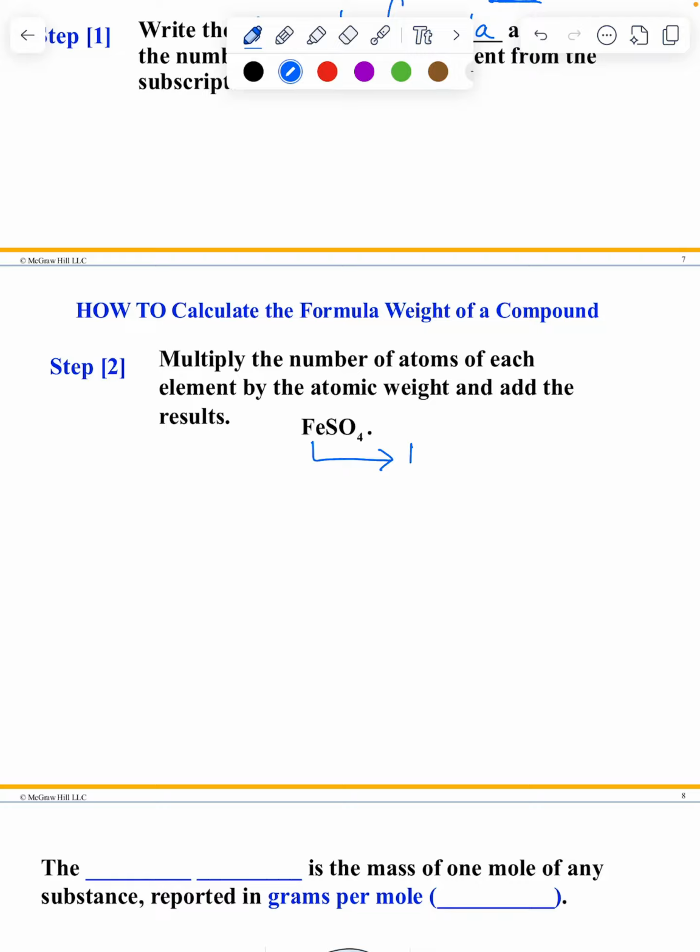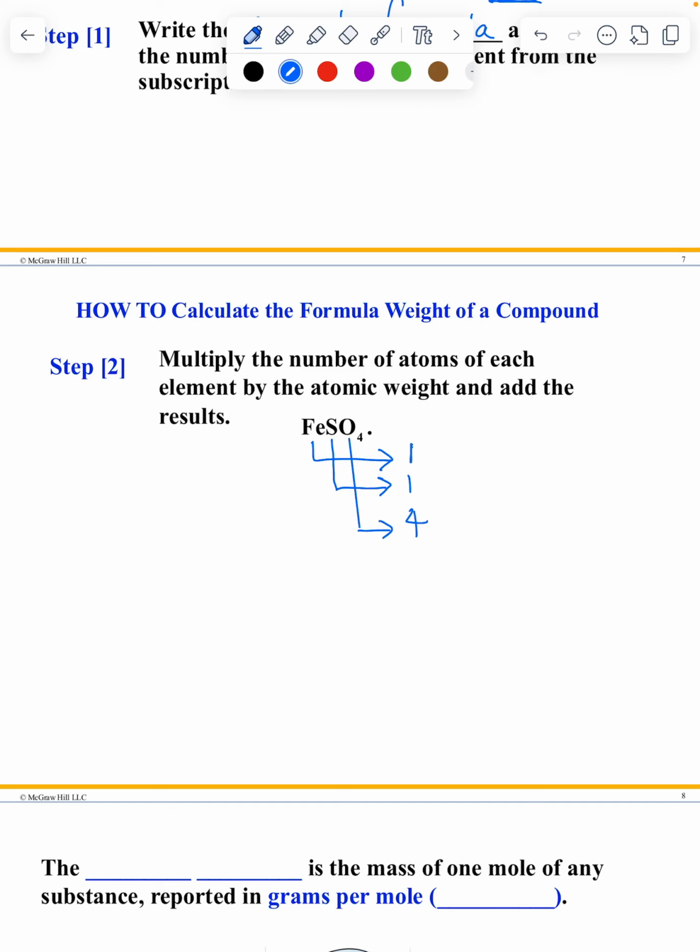And so I see 1 here, and then my next element, my next capital letter, is an S, and I see there's 1 of those. And then my next capital letter is an O, and I see there are 4 of those. So I'm just using the subscripts to decide on how many of each of the different elements that I have.